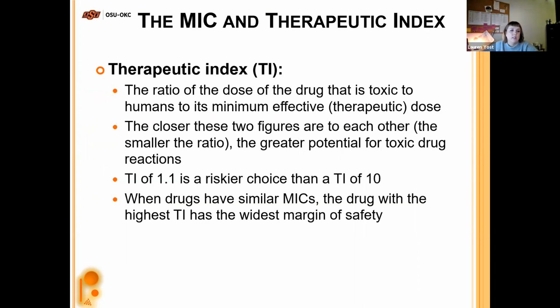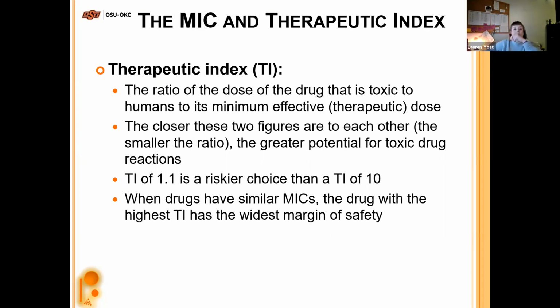So the therapeutic index is the ratio of the dose of the drug that is toxic to humans to its minimum effective therapeutic dose. So let's say the ratio of that drug, penicillin or something, that is toxic to humans, to its minimum effective dose.